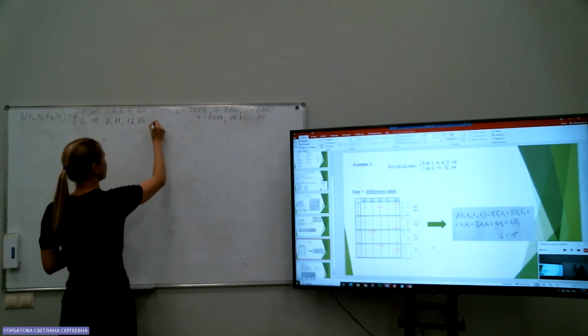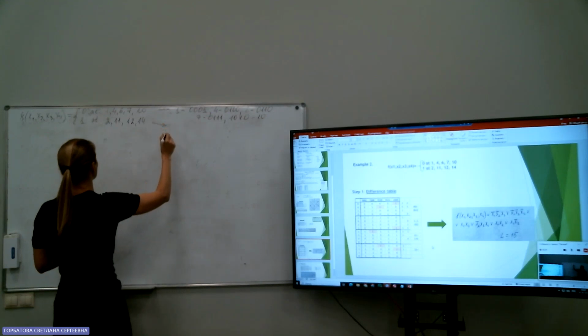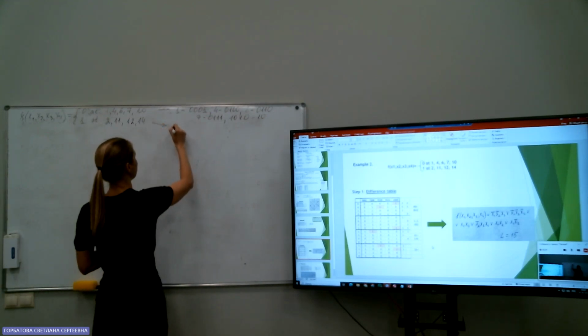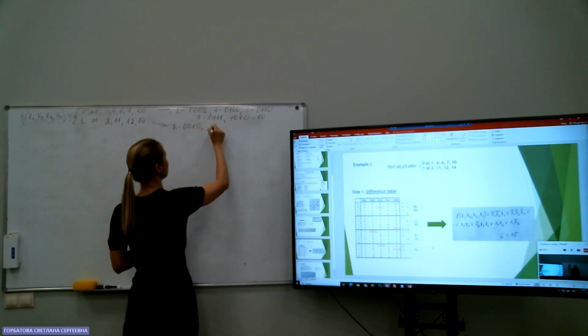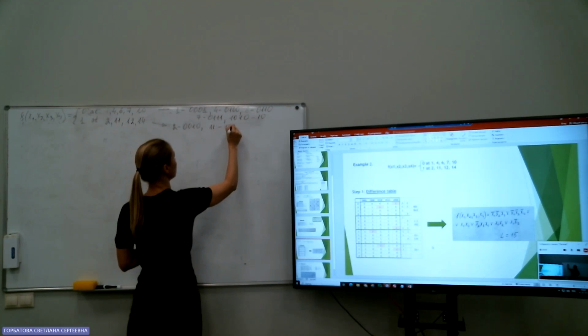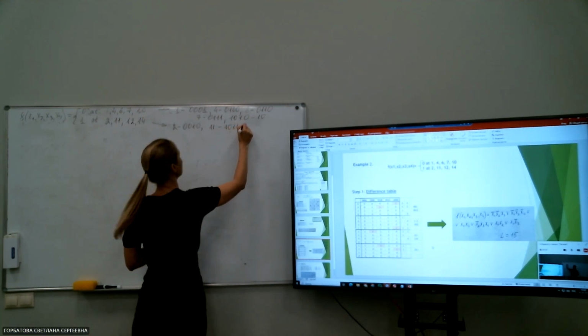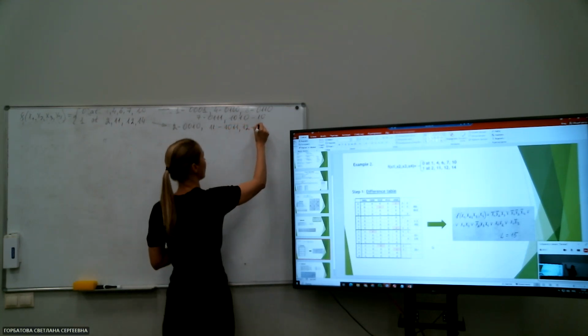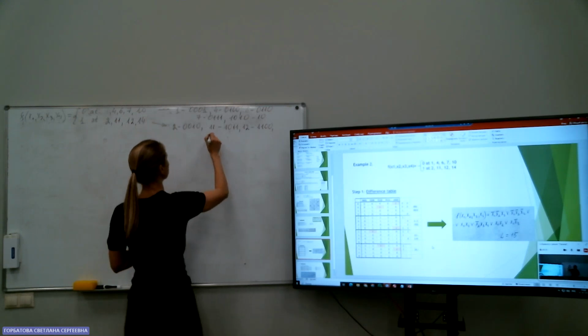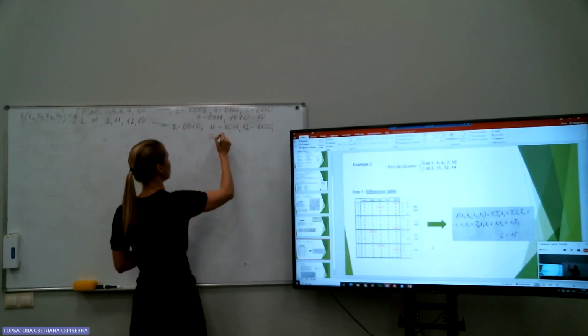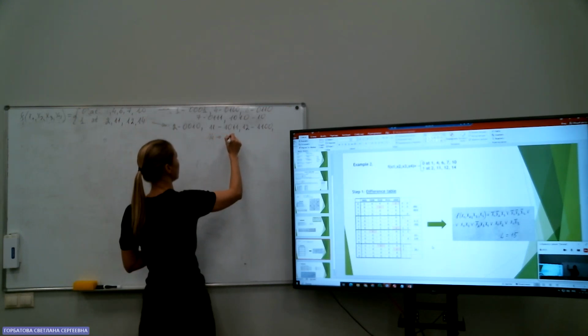And the points where the function equals 1: it is 2, 0, 0, 1, 0; 11, 1, 0, 1, 1; 12, 8 plus 4; and 14, 8 plus 4 plus 4.